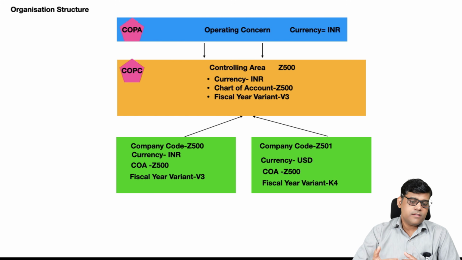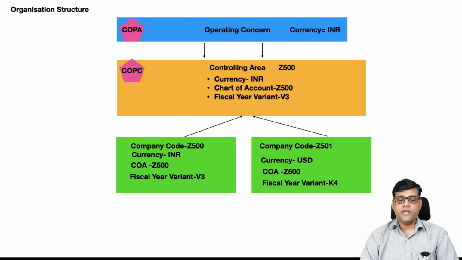First the operating concern, then the controlling area, then you can add multiple company codes. In this example I have two company codes, Z500 and Z501. One has local currency INR. The controlling area currency can be anything, as per your configuration, and the operating concern currency can also be different.